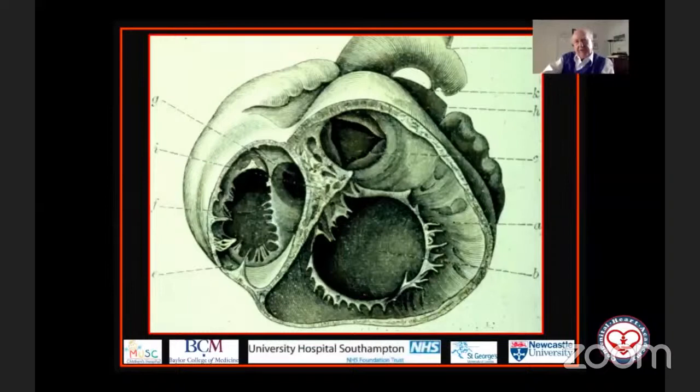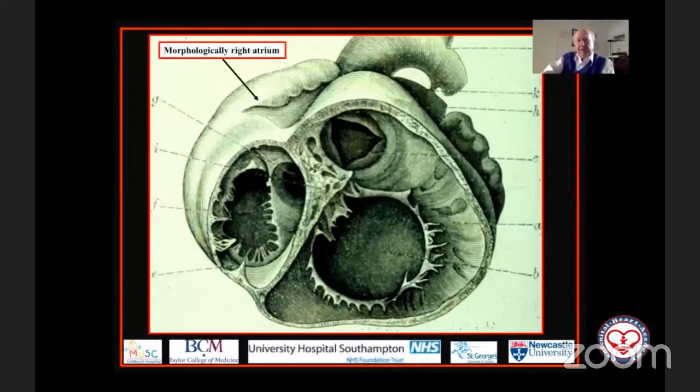I pointed out to you last week that it was serendipitous that Rokitansky took the picture, made the etching in such a way that it would be directly relevant to modern day echocardiographers. So as you all recognize, we're looking from the apex of the ventricular mass towards the short axis of the ventricular base.